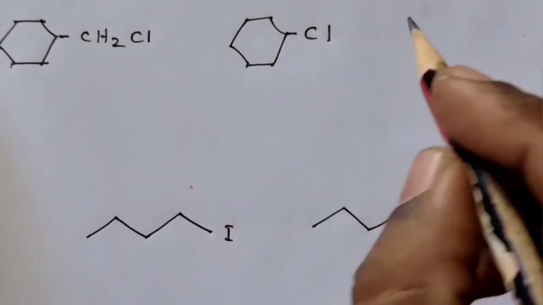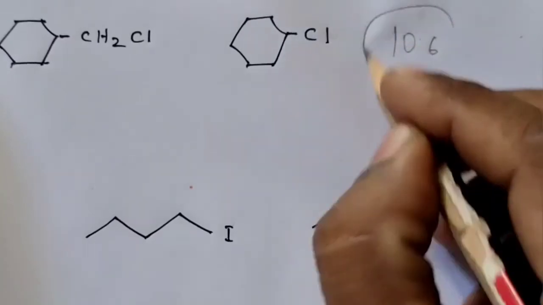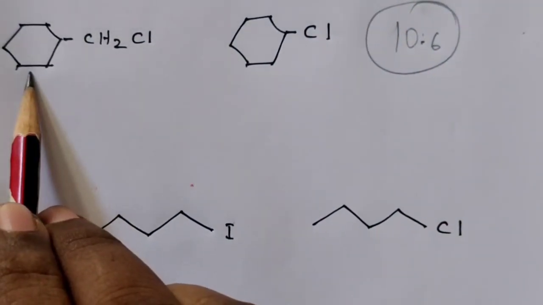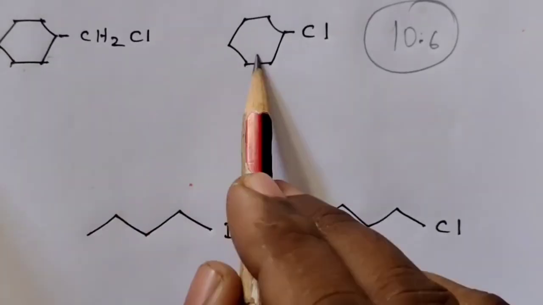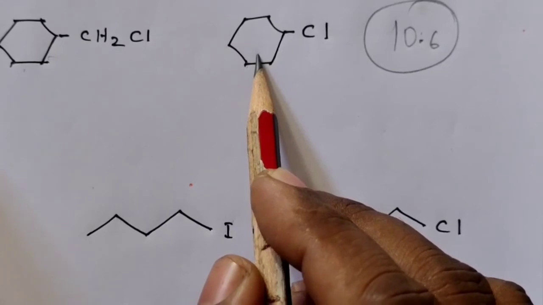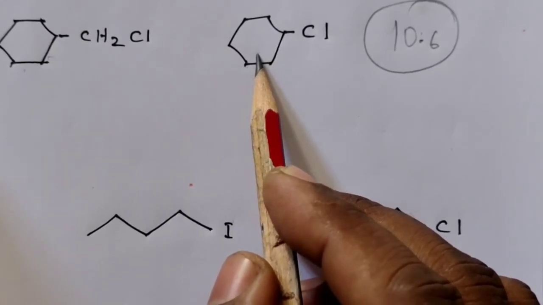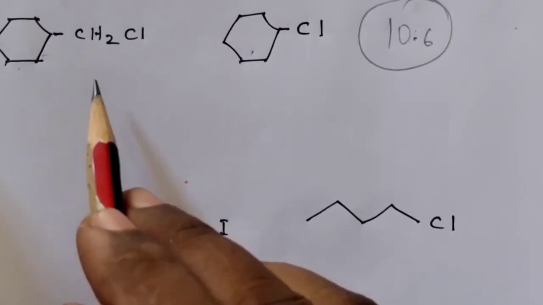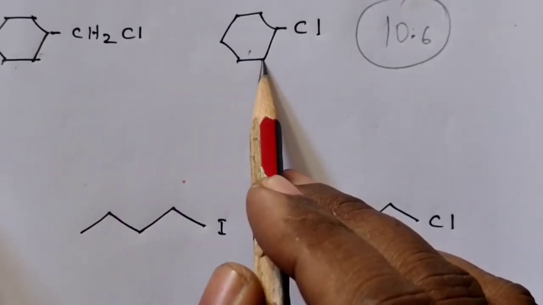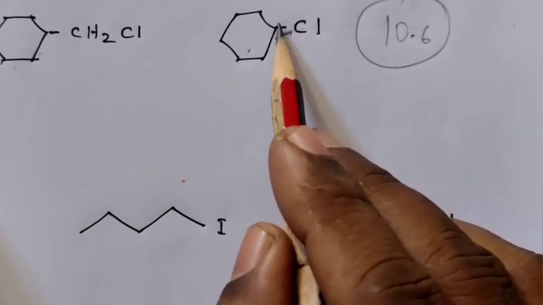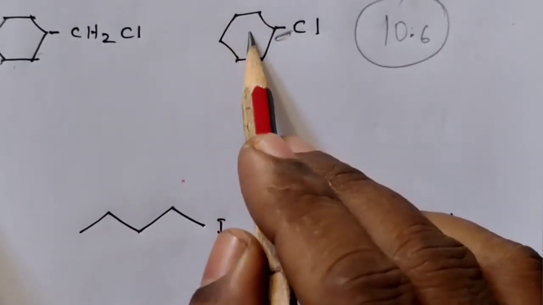This is example 10.6 of your textbook. Two compounds are given. Among these, which one undergoes SN2 reaction faster? This is the question. In this compound, the Cl is directly attached to the cyclic ring.